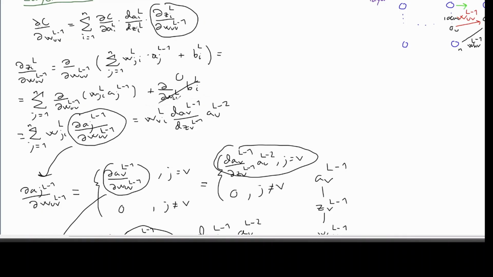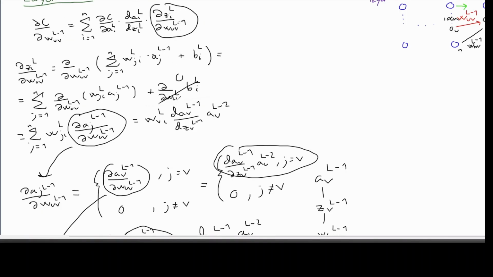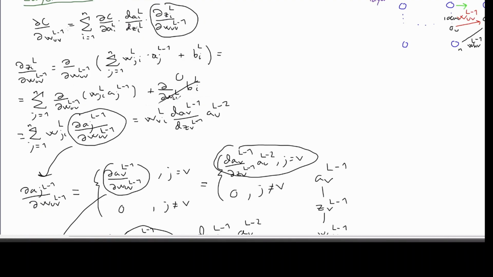And then we can go back to our original partial derivative and substitute this expression, which we found here, into the outermost derivative. And then we end up with the partial derivative of c with respect to an arbitrary weight from a neuron u to neuron v in layer L minus 1.